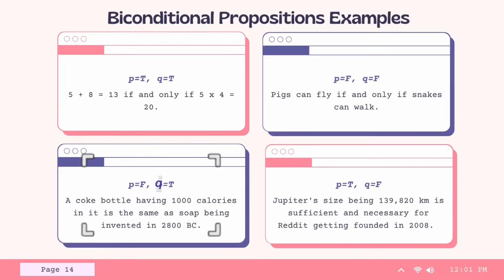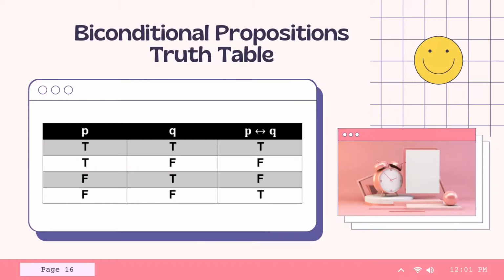The third example is where the truth value becomes false. If we recall back to the table, a Coke bottle having 1,000 calories is the same as soap being invented in 2800 BC. P is false, as you can see. Since a Coke bottle is equivalent to 800 calories, both propositions are not the same.